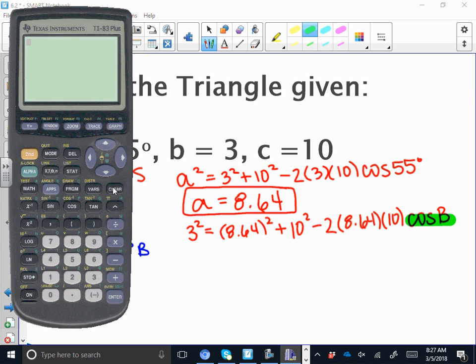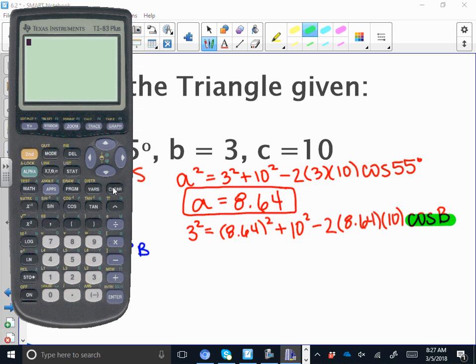Do I need to add all of these numbers together? Can I add 8.64 squared plus 10 squared minus 2 times 8 times 10? We can't.